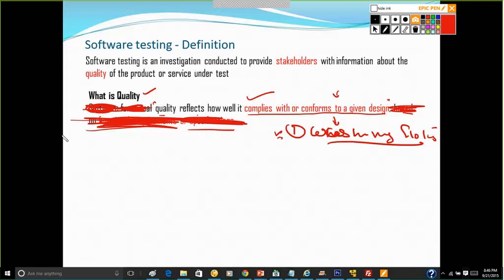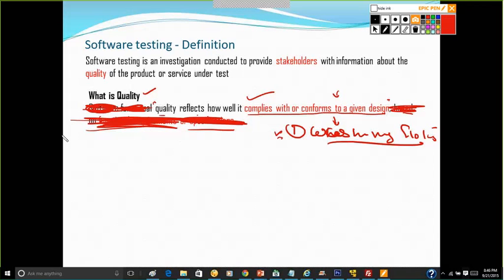Okay, so let's remove the satisfaction out. Now we are only talking about if I have a set of requirements saying that my washing machine should be able to wash my clothes, should have temperature adjustment, and should have a timer. These are basic requirements that a washing machine should have. Now they will design the product based on these requirements, and now you test the product based on these requirements.